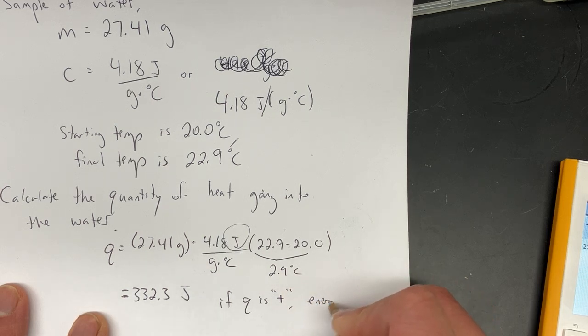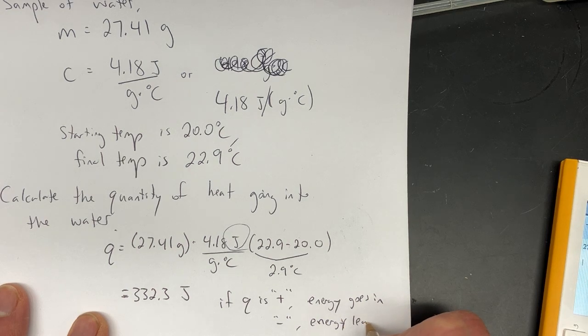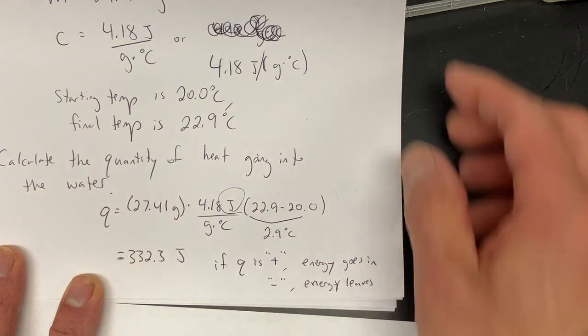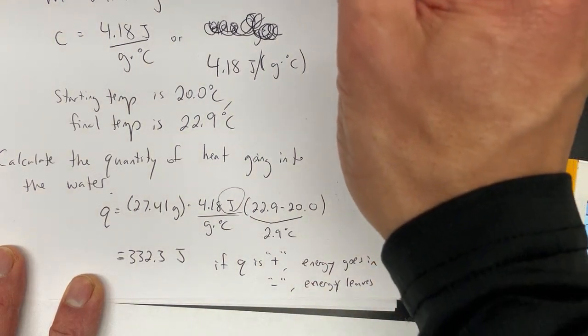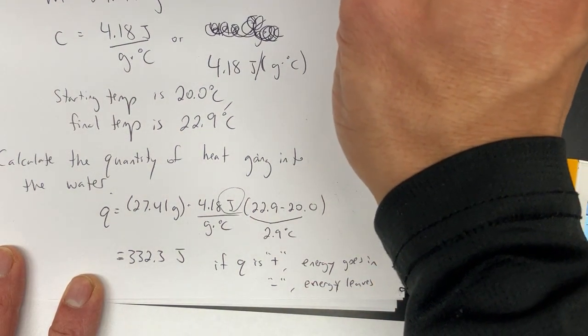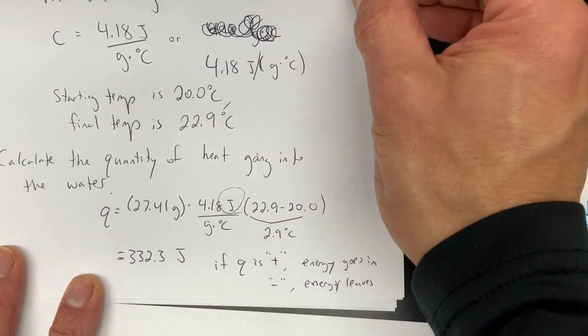So energy goes in, and if it's negative, energy leaves. And we kind of saw this last year when we had endothermic or exothermic processes. If it's endo, that means it's going in, exo is going out.